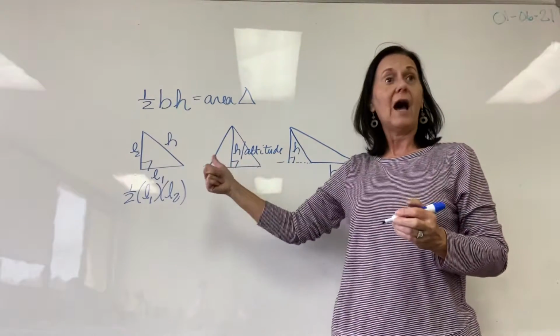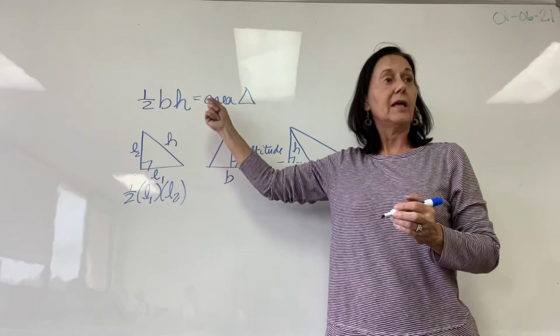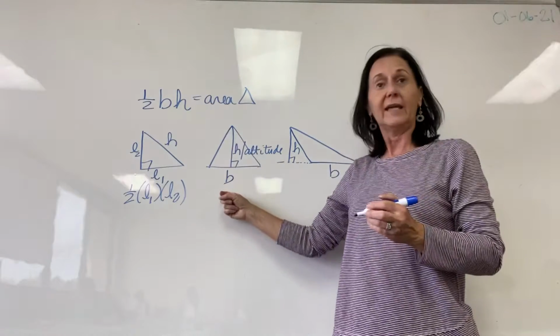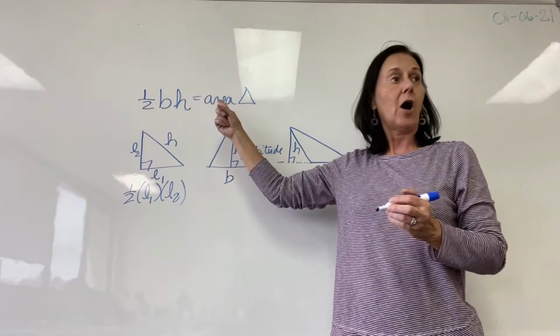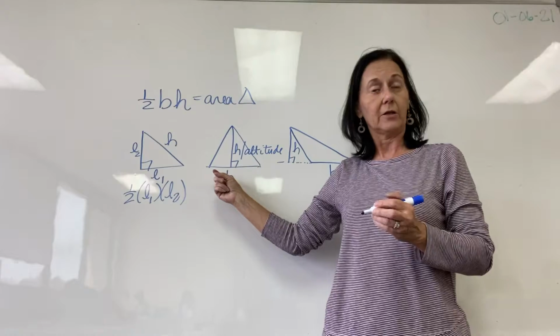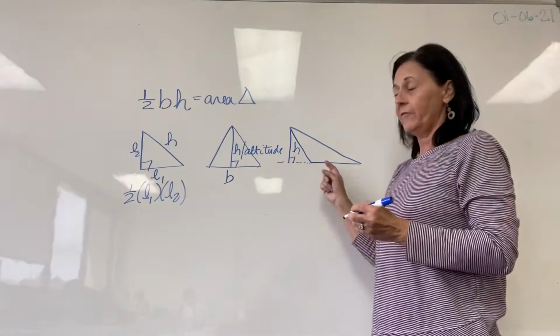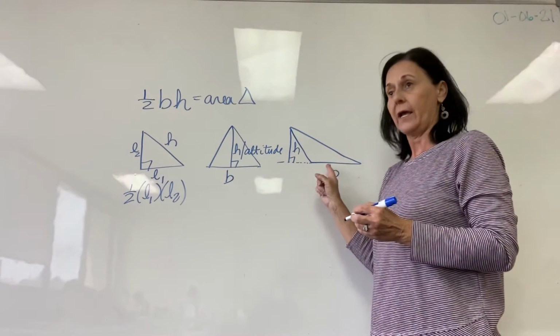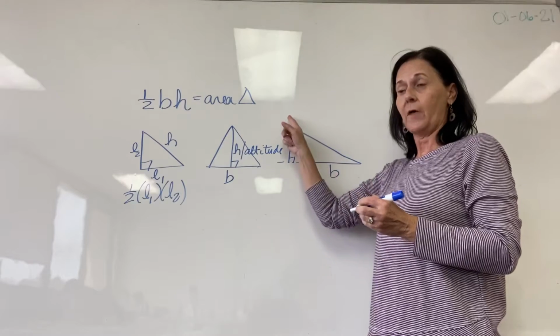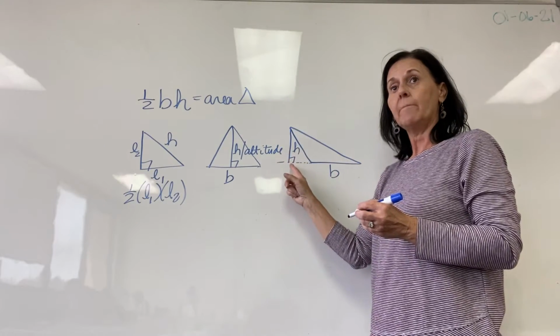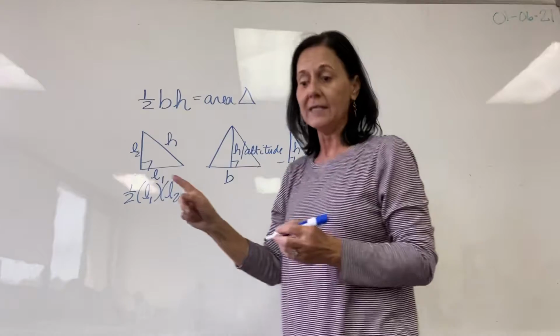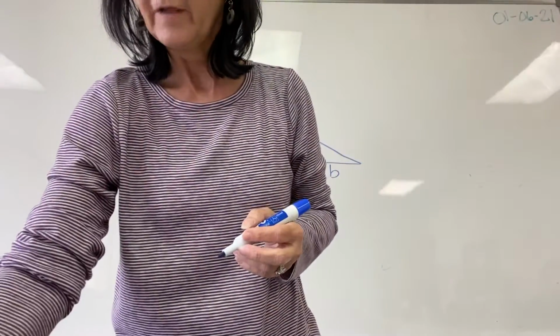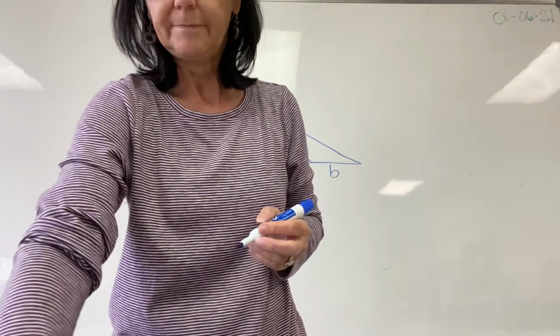Acute, the height is inside. It goes from, if I'm looking at this side being the base, the opposite vertex perpendicular to the base. For an obtuse triangle, if this is my base, it goes from the opposite vertex perpendicular to the base, but lies outside of the base.